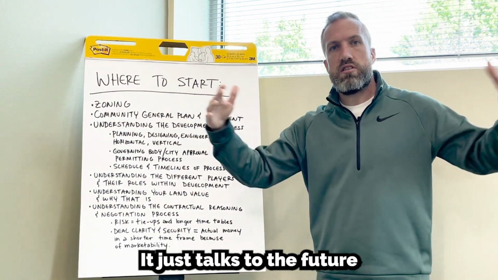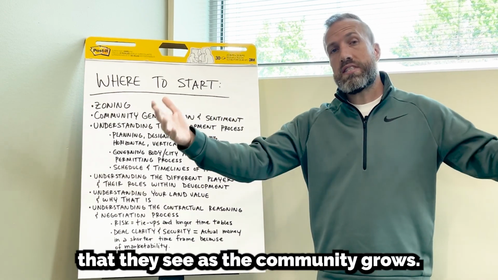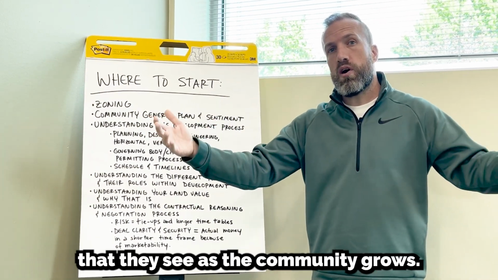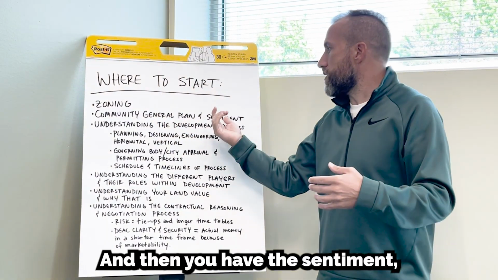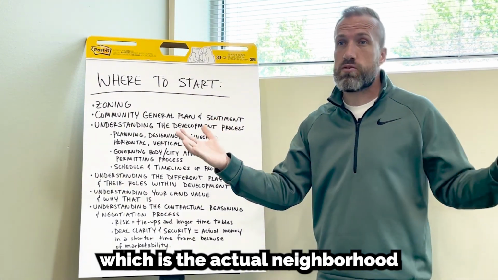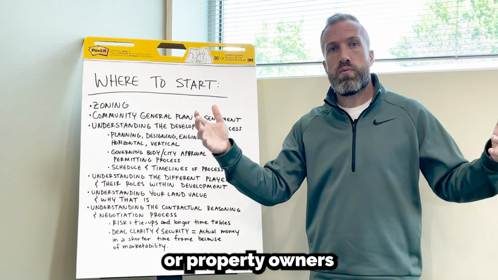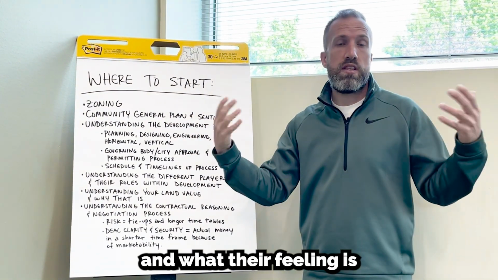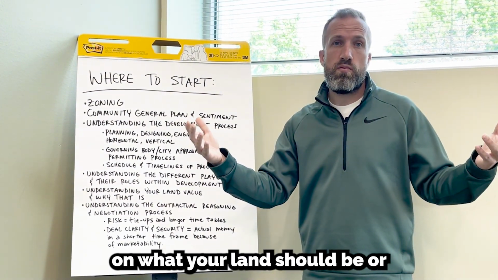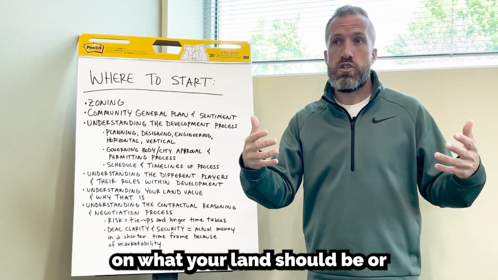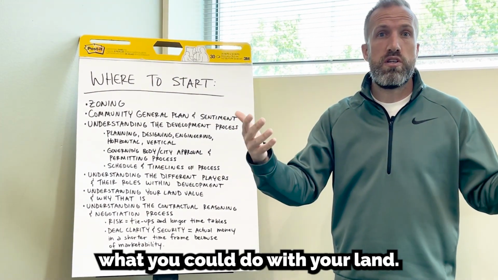It just talks to the future and what it is that they see as the community grows. And then you have the sentiment, which is the actual neighborhood or the surrounding homeowners or property owners and what their feeling is on what your land should be or what you could do with your land.